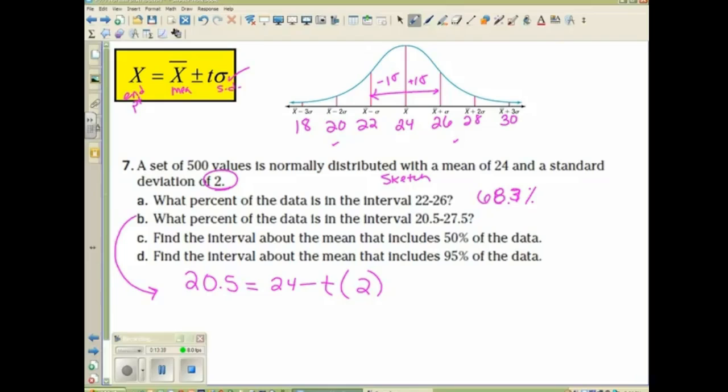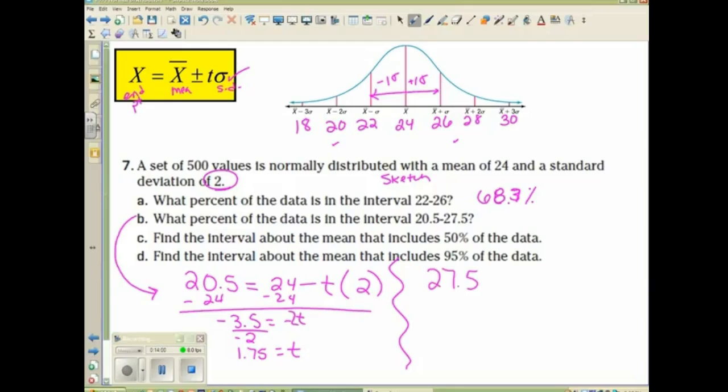Calculating this, I'm going to subtract 24. That's going to get me negative 3.5 is equal to negative t times 2, so negative 2 times t. Divide by negative 2, and I get 1.75.